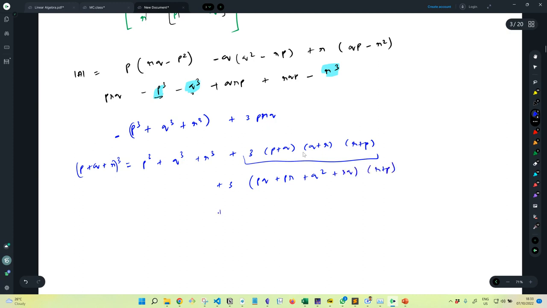Now if I expand this again, then I'll get 3 times pqr plus p square q plus pr square plus p square r plus q square r plus pq square plus r square q plus pqr. Again I'm getting pqr. Yes, plus pqr.